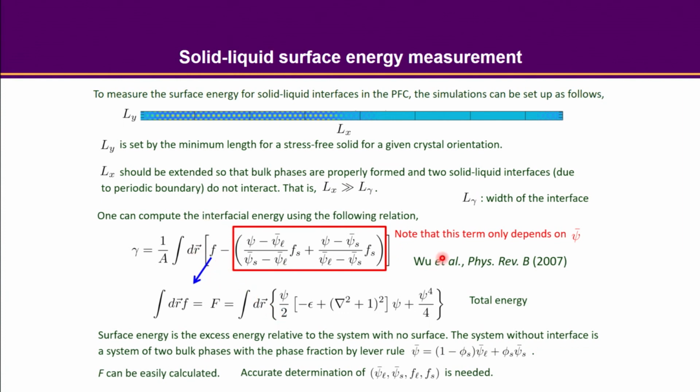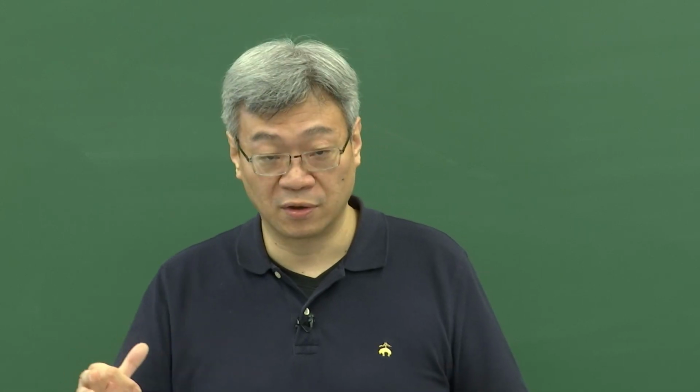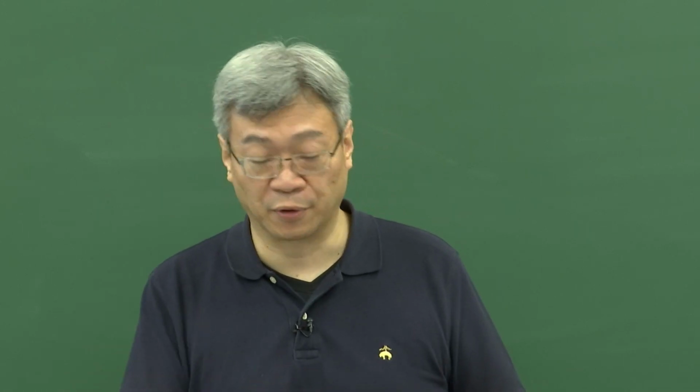And the second part, we need to know four things. What is the coexistent density? And this, if we want to get a really accurate calculation, we should not use the one we got from this one-mode approximation, because in the PFC simulations, actually you are expecting more modes than one mode in your density profile.